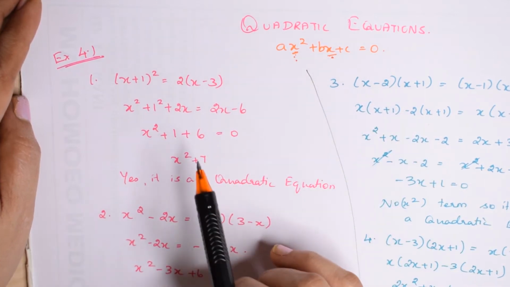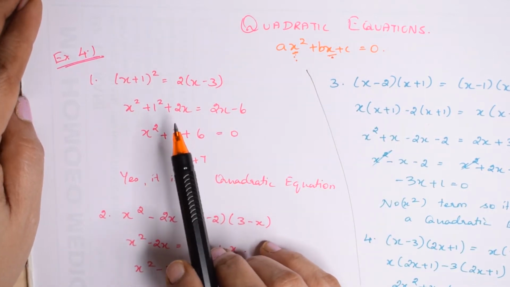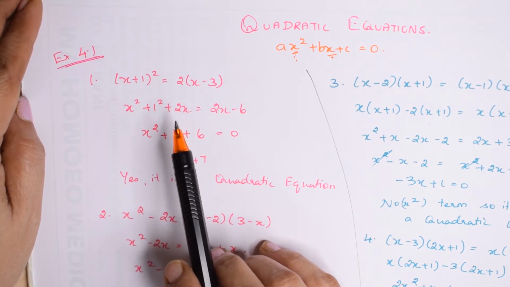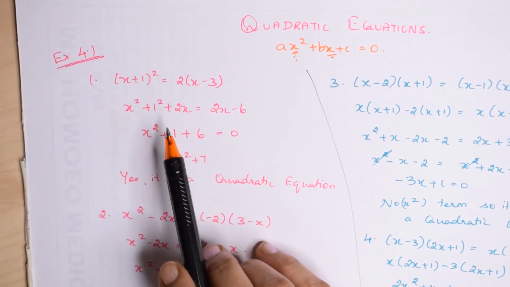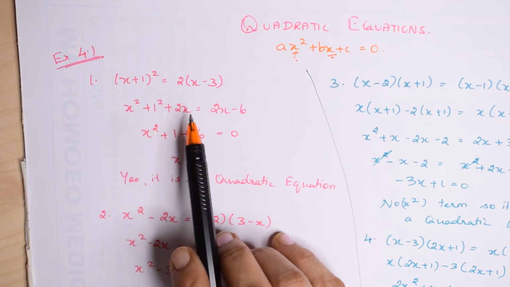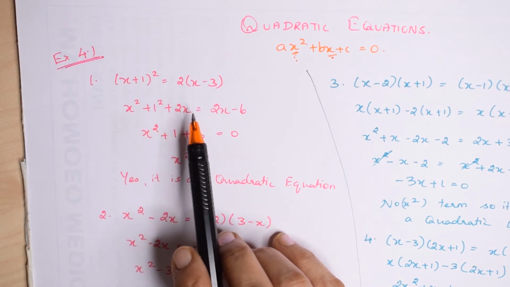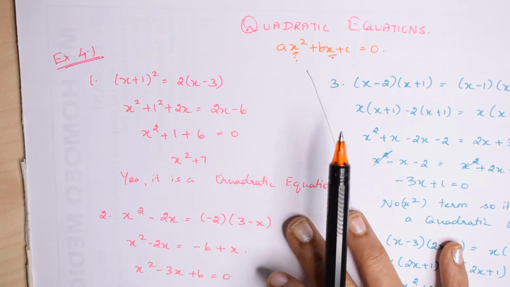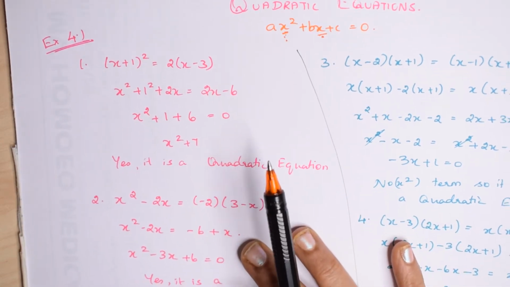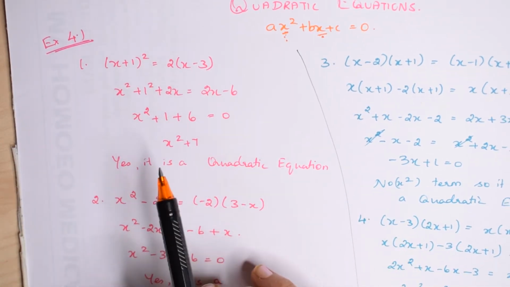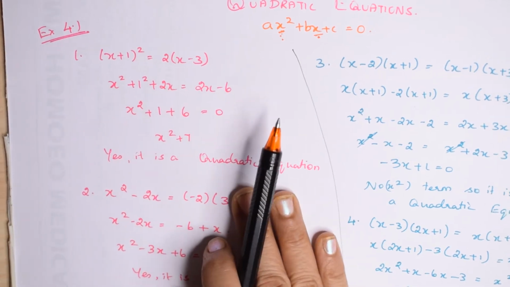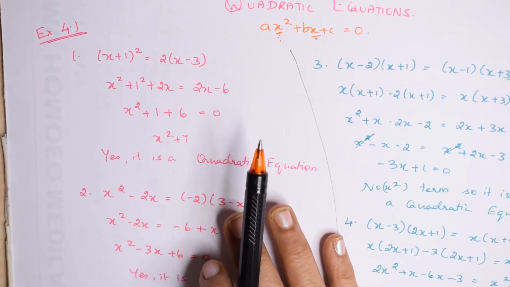Now going to the first sum in the first exercise: x plus 1 whole square is equal to 2x minus 3. By now we have been doing quadratic equations for quite some time, so I think you will all be familiar with the formulas. (a plus b) whole square.